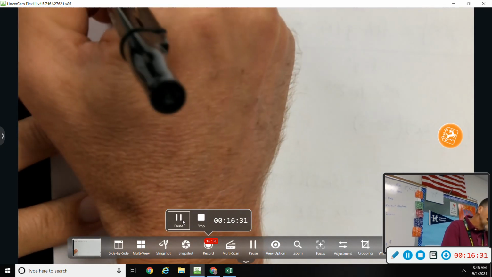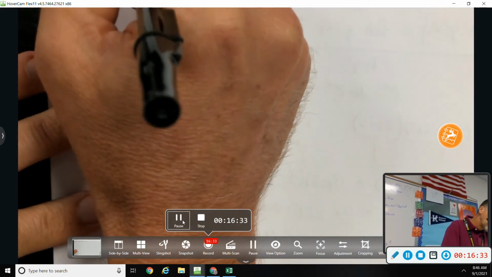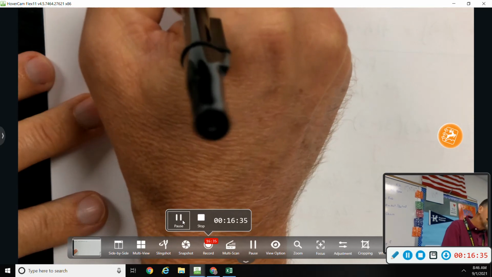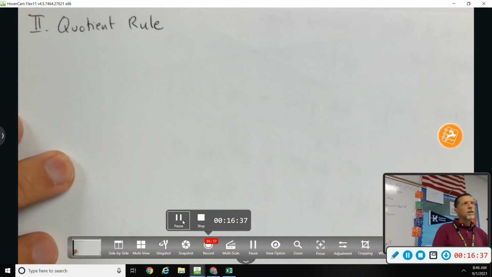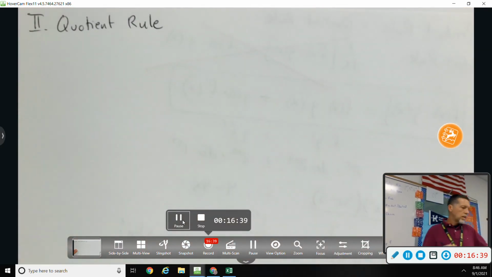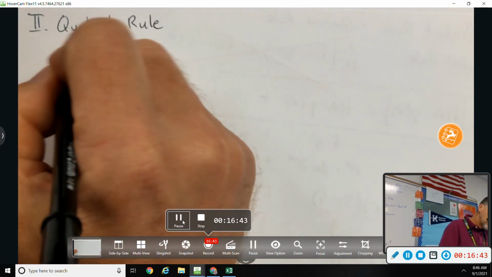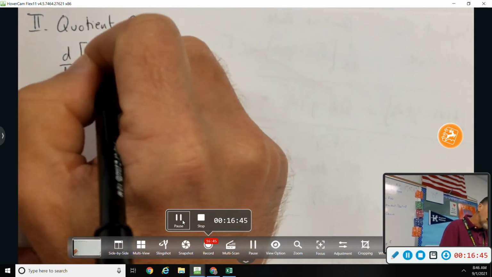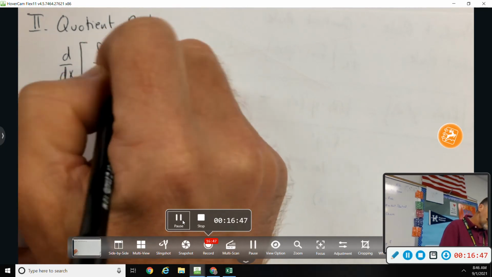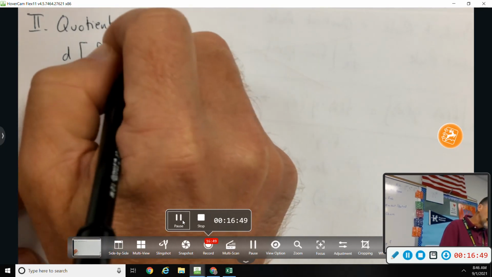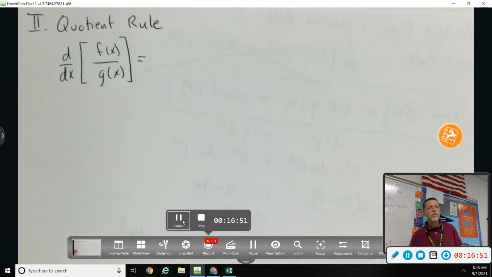Quotient rule. Again, you can't just divide, it doesn't work. So here's how we'll do the quotient rule. You can't divide the pieces, I should say. So if I want the derivative of a quotient, here's the rule.